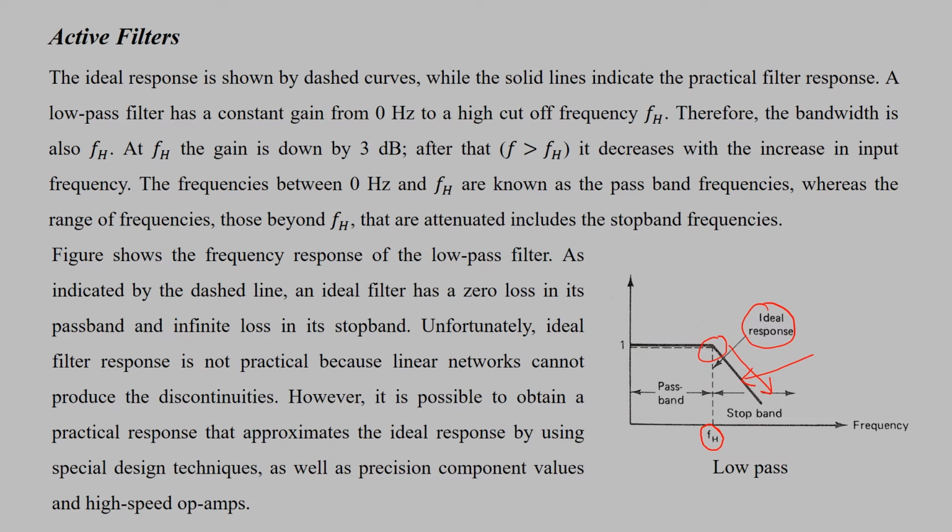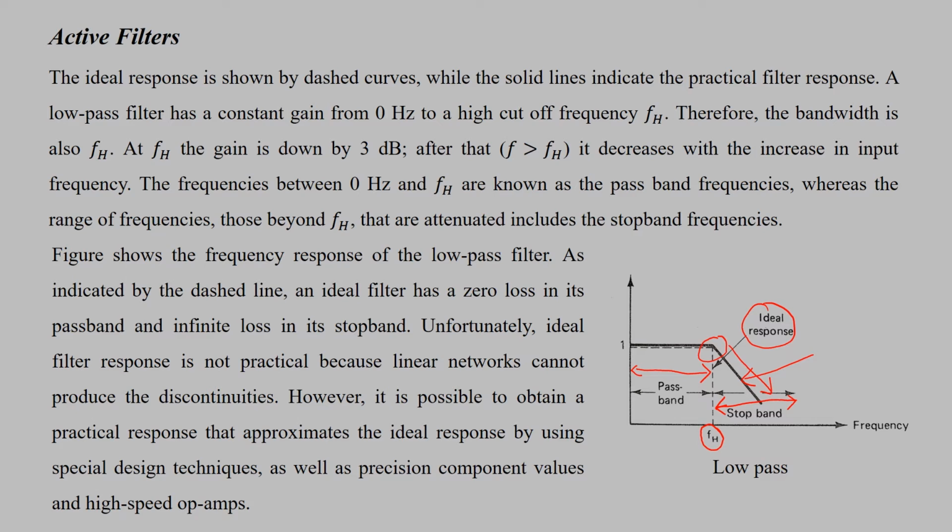The frequencies between 0 and FH are called the pass band, whereas the range of frequencies beyond FH is the stop band, and beyond these frequencies they are attenuated a lot.